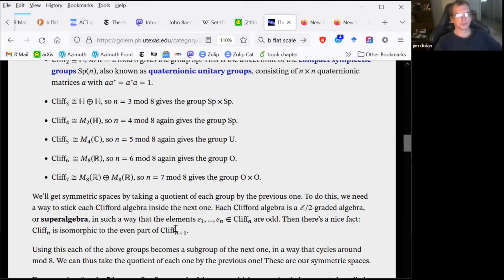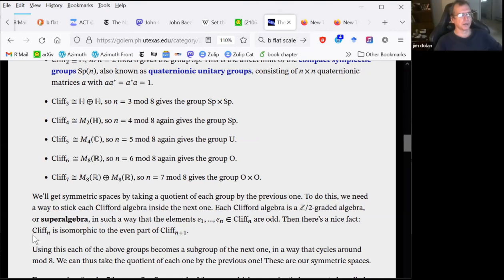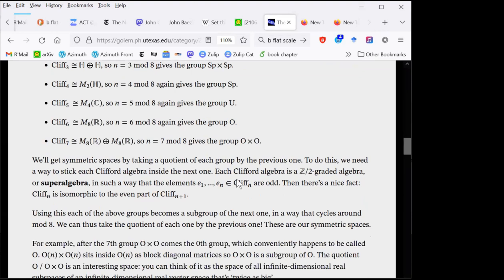Which is a slightly funny thing to say, of course, because you get this inclusion of cliff n into cliff n plus 1. I mean, you have to work to show that it exists. But that's not an inclusion of super algebras, because all of cliff n is getting mapped into the even part of cliff n plus 1.